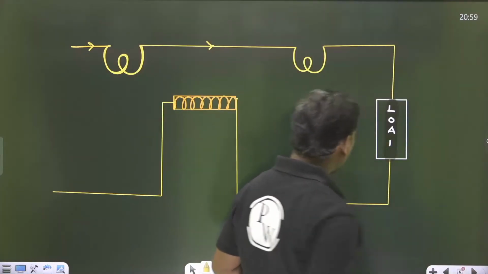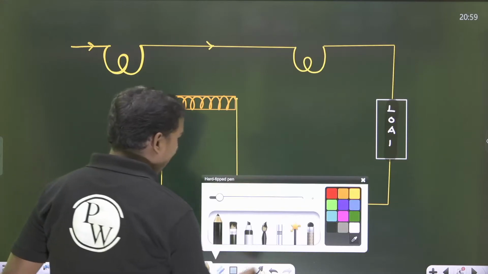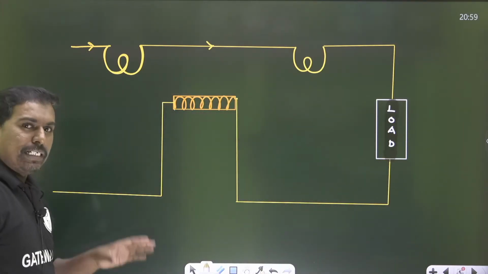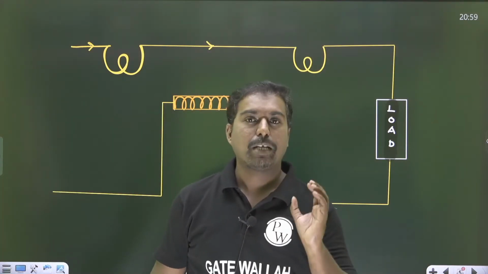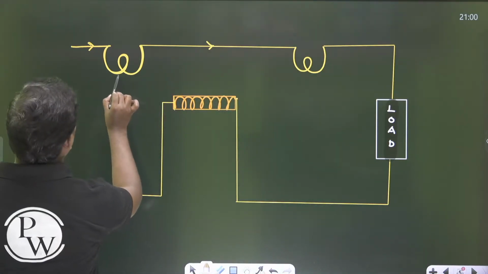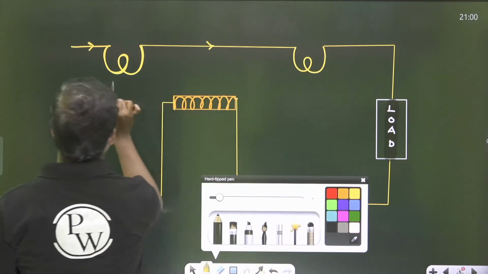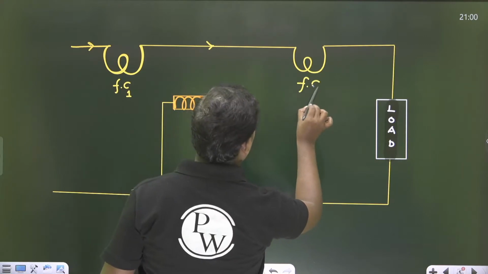Now let us see the diagrammatical feature. I have taken a rough diagram here on the board. The fundamental thing here is the dynamometer contains two current coils, which are fixed. So this is fixed coil 1 and this is fixed coil 2.